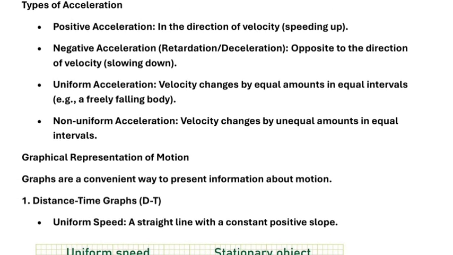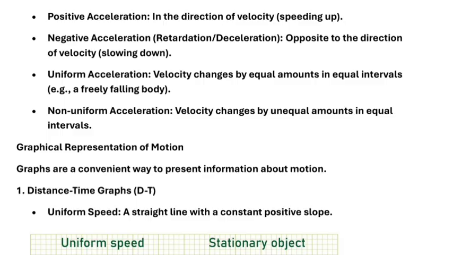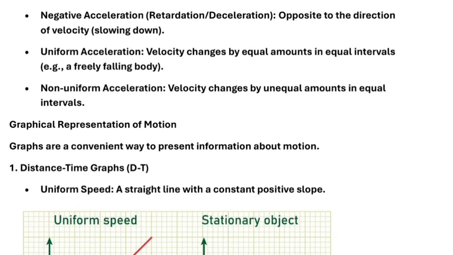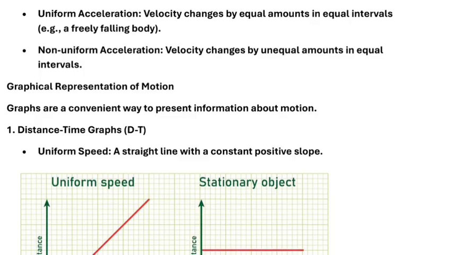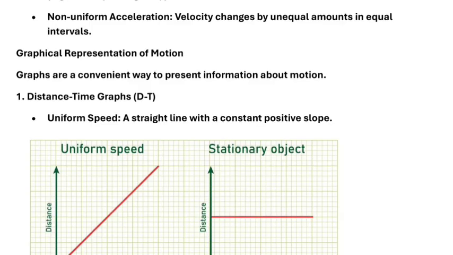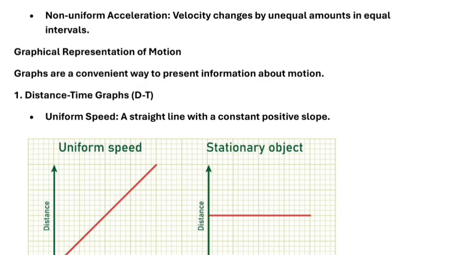Negative acceleration, retardation or deceleration, opposite to the direction of velocity, slowing down. Uniform acceleration: velocity changes by equal amounts in equal intervals, example a freely falling body. Non-uniform acceleration: velocity changes by unequal amounts in equal intervals.